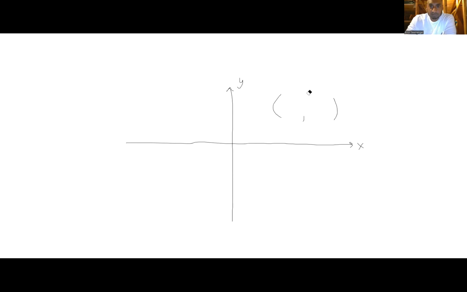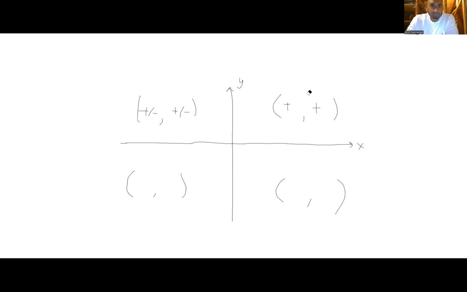Tell me the signs of these. I'm going to give you the first one. The x would be positive here, and the y would be positive here. Just tell me the sign. The sign of the x would be positive or negative here, and would the sign of the y be positive or negative here?